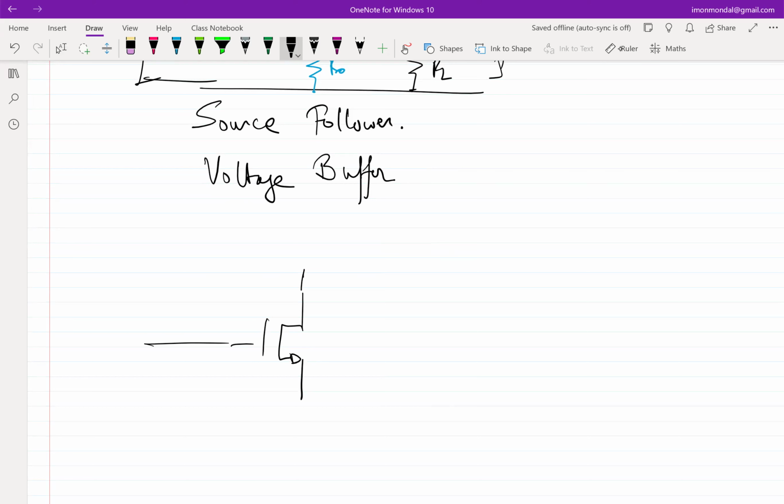So again, what is the impedance looking incrementally into the source? 1 over gm. What is the incremental impedance looking into the drain? If you're not comfortable, sketch the small signal model and tell me what is the incremental impedance looking into the drain.